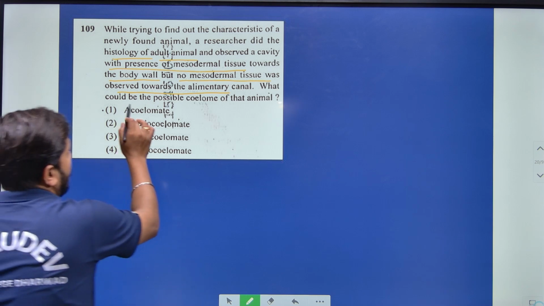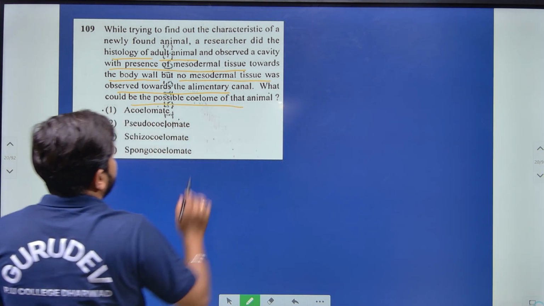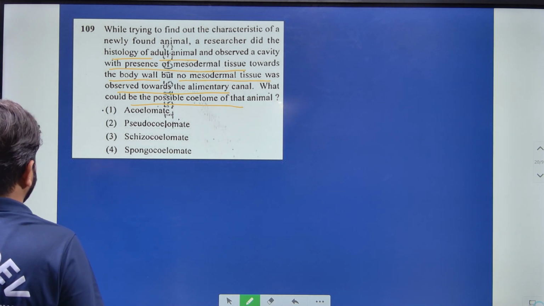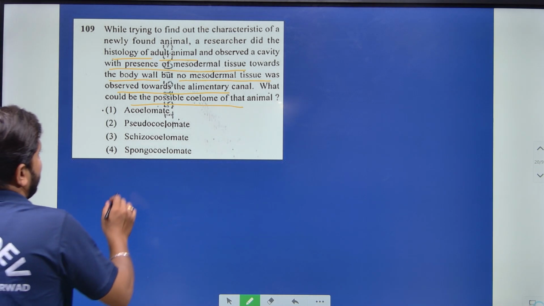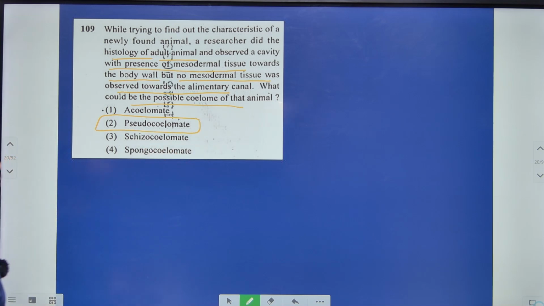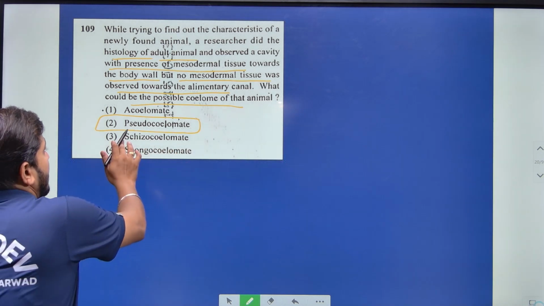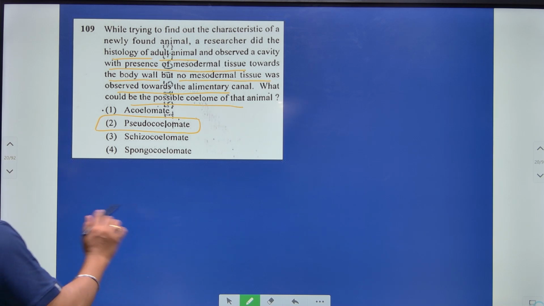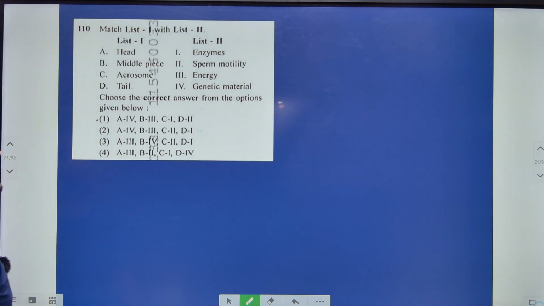What could be the possible coelom of that animal? According to that, it is known to be the pseudocoelomate, right? So according to the options, that is related with the pseudocoelomate.